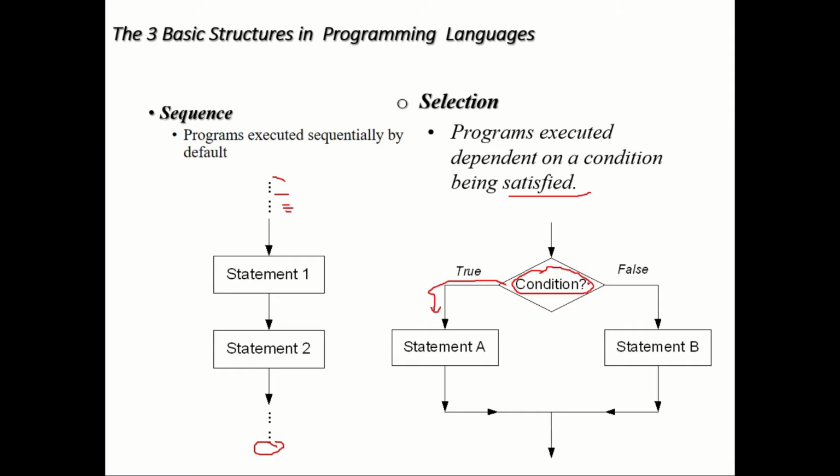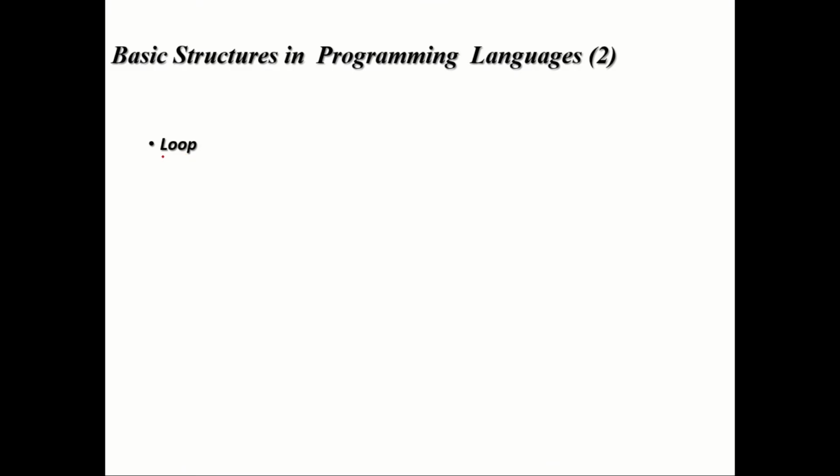If the condition is false, it goes to another statement to execute and ends the execution at this stage. In both directions it reaches the end of the program, but they execute depending on the condition that is satisfied. Good. Then the next one is the loop statement.